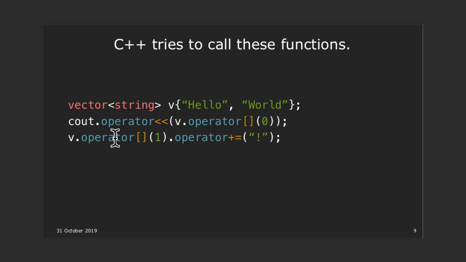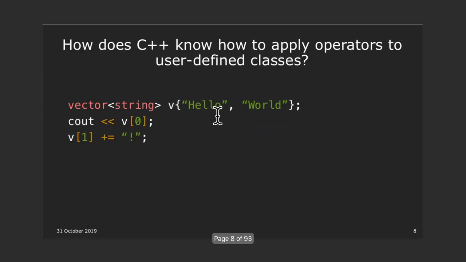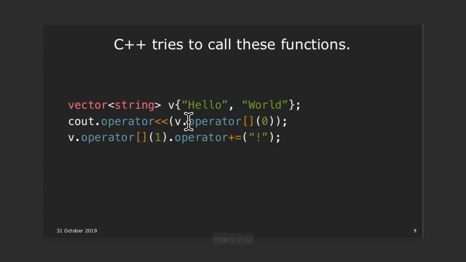Now, when we actually use these operators, C++ will actually be calling these functions. Each operator has an associated function, which is doing the same thing. So for example, let's look at this line. This bracket operator, where before we were doing v bracket 0, can actually be reinterpreted as v dot, and we call this member function operator bracket with the argument 0.